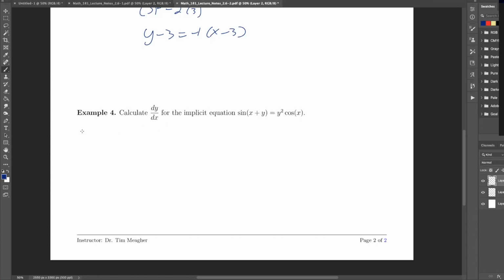All right, so let's take the derivative. So we'll have d/dx of sine of x plus y equals y squared cosine x. If we're taking implicit differentiation, we need to do it to the entire thing.